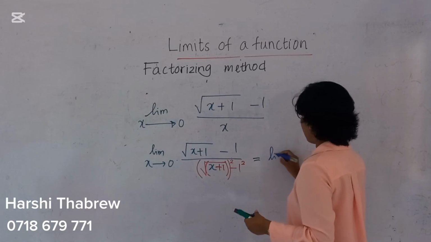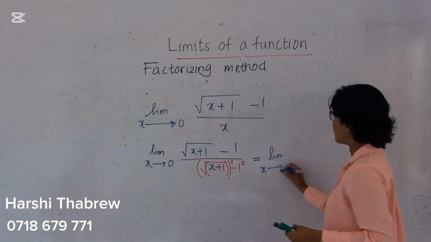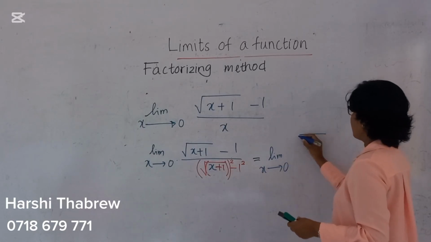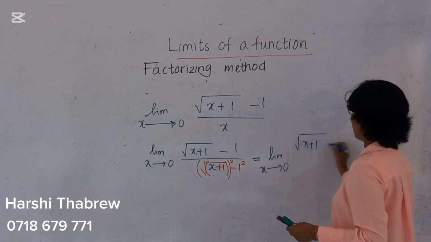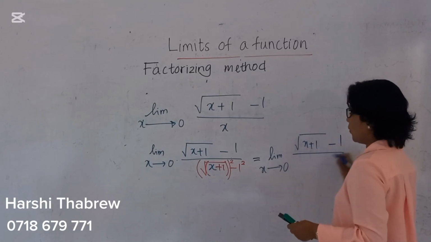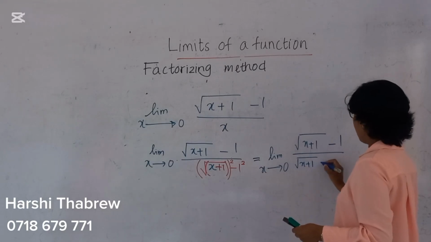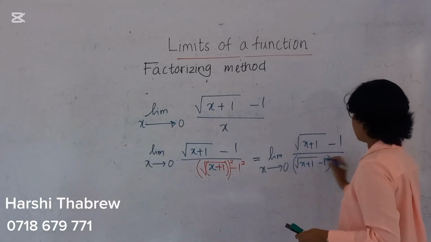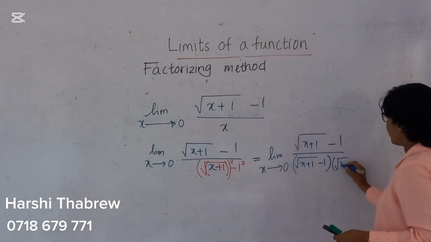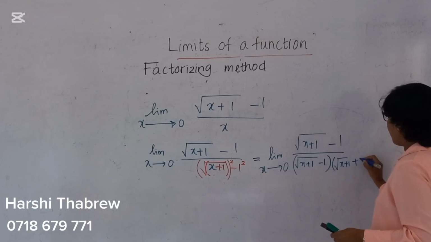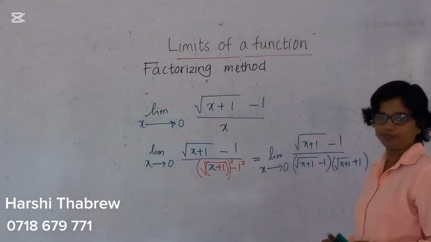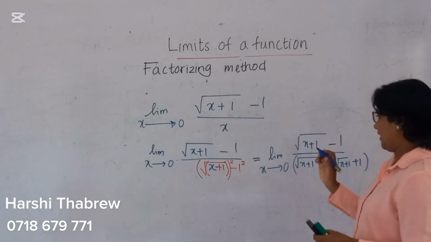It is equal to the limit of x approaches 0, square root of x plus 1 minus 1 over square root of x plus 1 minus 1 times square root of x plus 1 plus 1. Is it clear? Okay.